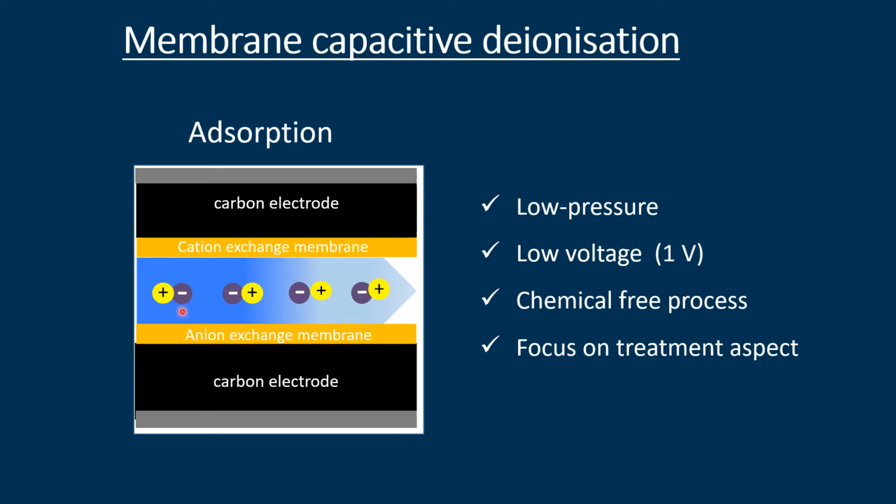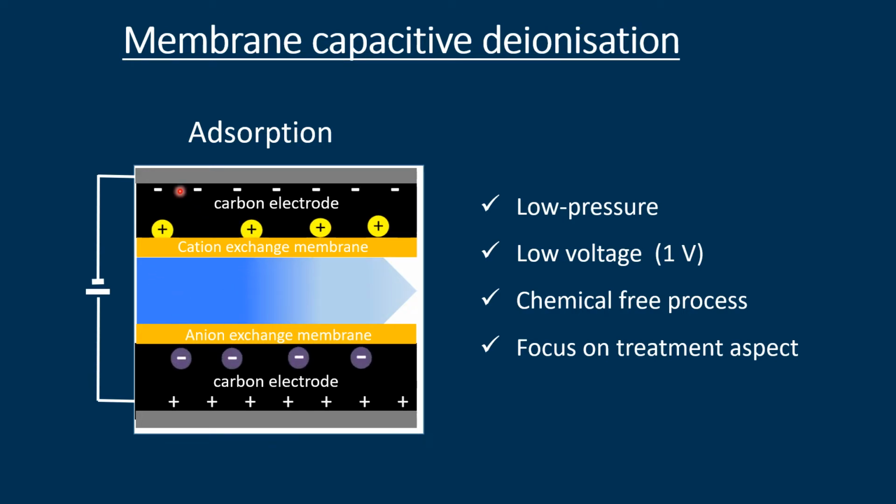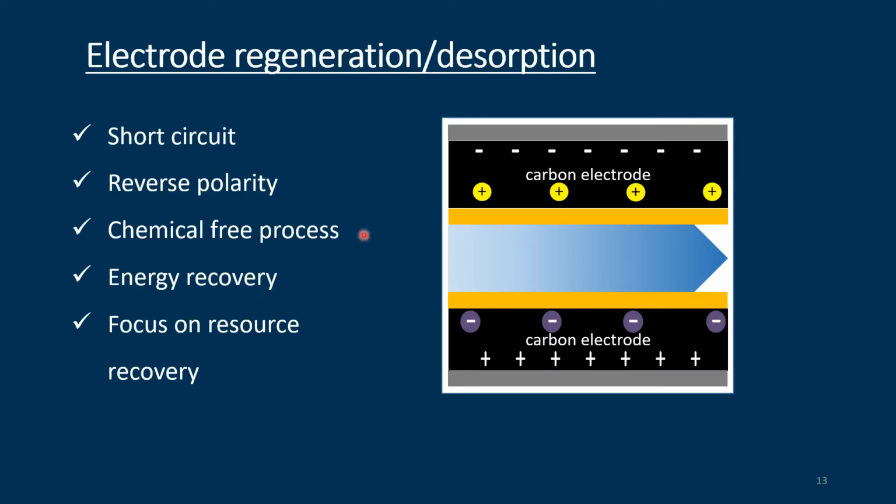Water is coming in with plus and minus charged salts, and then you apply electrical force, and the cations are adsorbed on one carbon electrode and the anions on the other carbon electrode, and then you can separate your ions.